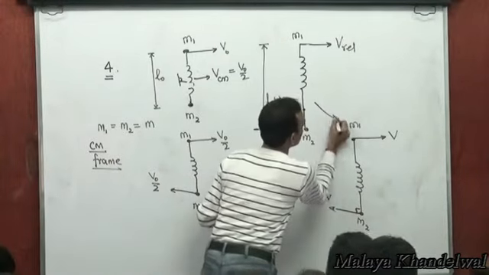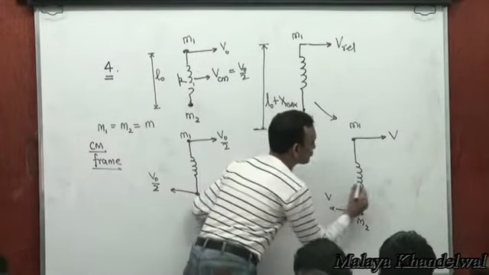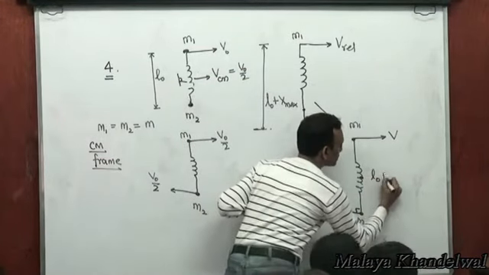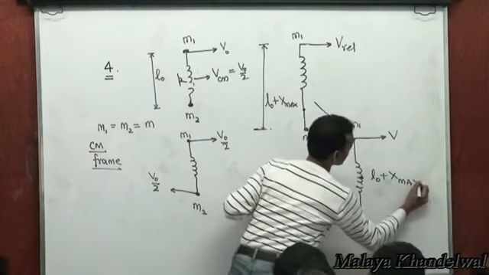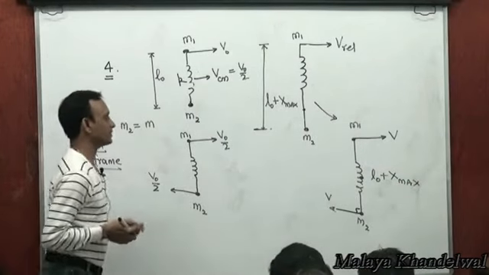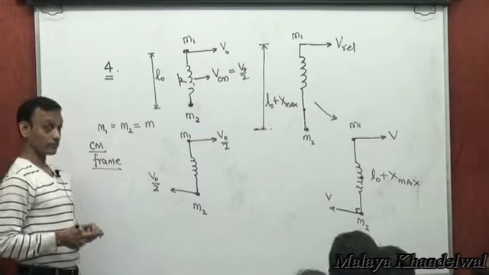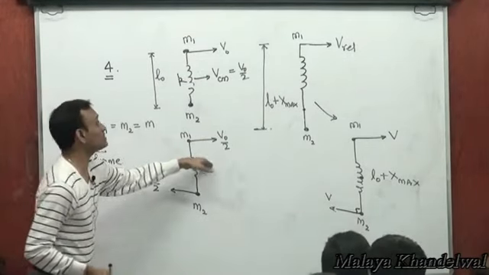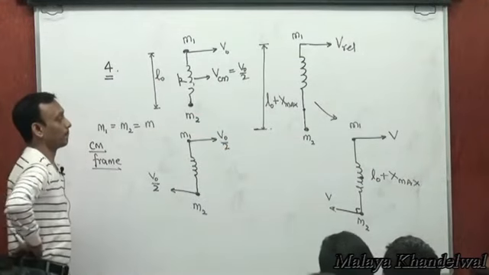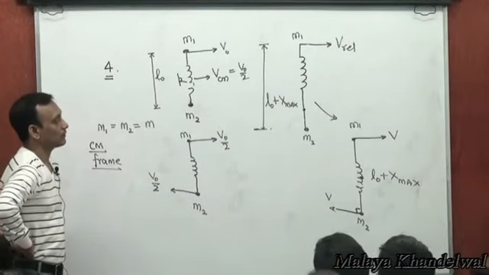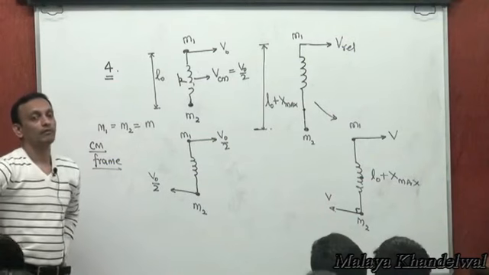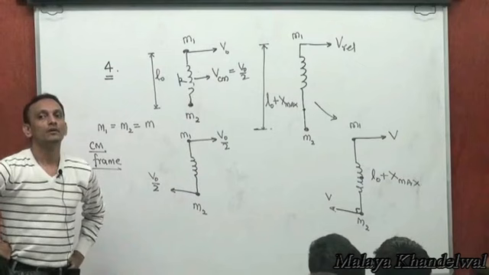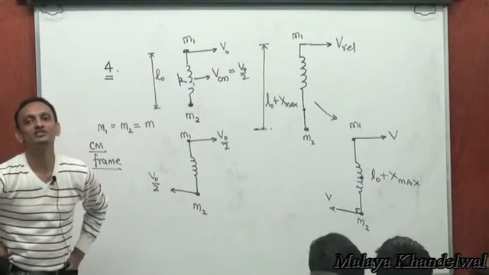That's measured in the center of mass frame, everything in the center of mass frame now. And this length is L naught plus x max. Now, between these two states, can I not conserve angular momentum about the center of mass?